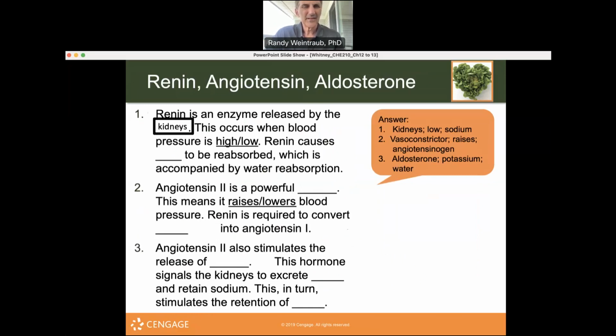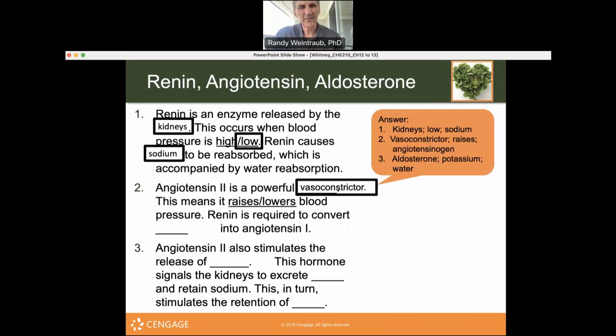So renin is the enzyme released by the kidneys. This occurs when the blood pressure is low. Renin causes sodium to be reabsorbed, which is accompanied by water reabsorption. Angiotensin II, another hormone, is a powerful vasoconstrictor. It is constricting the blood vessels.